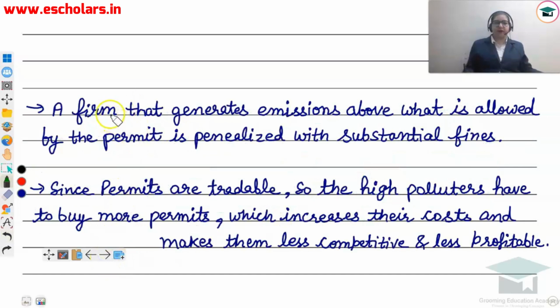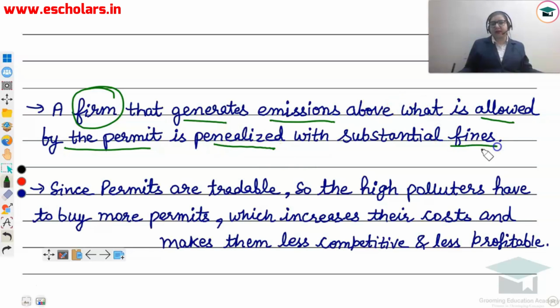Now further, if a firm generates emissions above what is allowed by the permit, then that firm is penalized for it. Large fines are imposed on that firm for releasing more emissions than it is allowed.